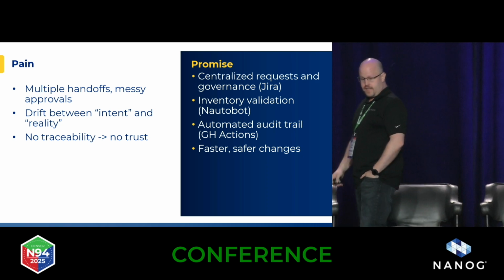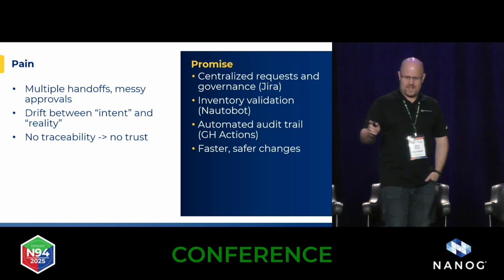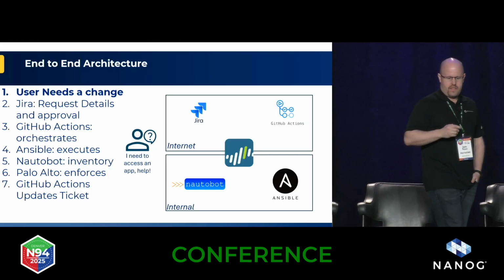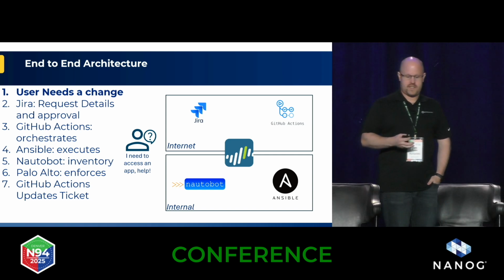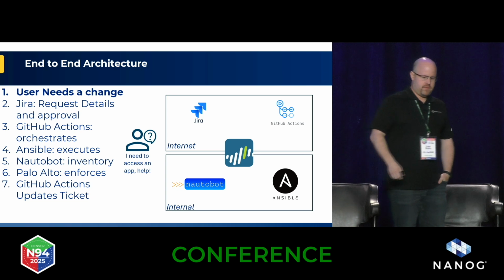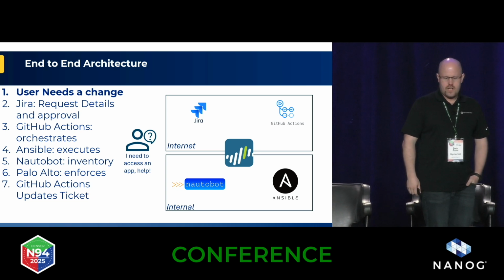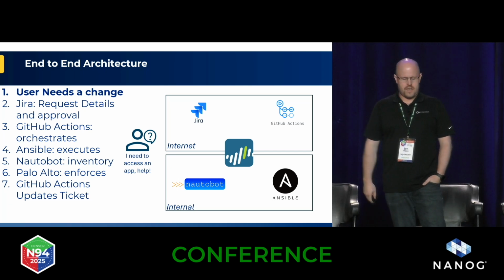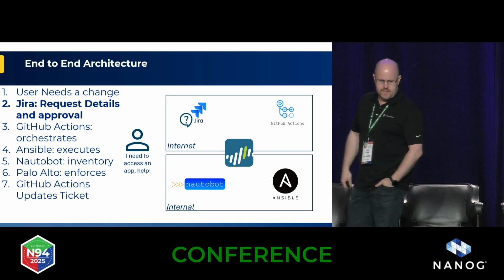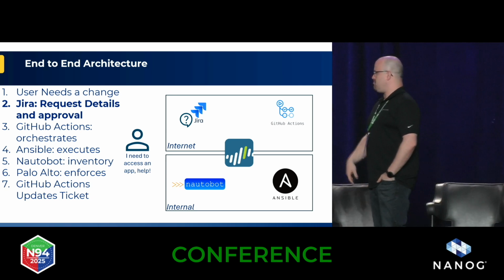And that is the last thing I'm going to say. That's academic. We're going to get into the rest of it here. This is a very friendly, simple example where our friend here just needs access to an app. So this person goes to Jira, in this case, and submits a request. This request, which I'll demo later, is just a NAT rule.